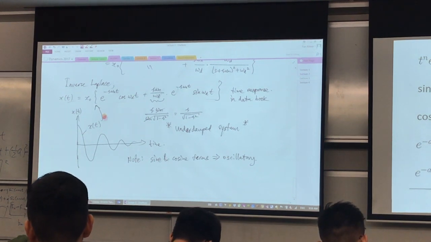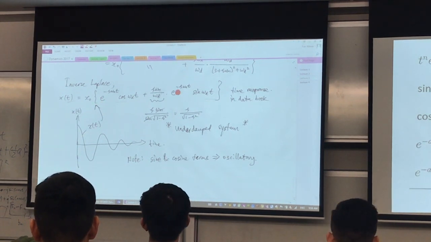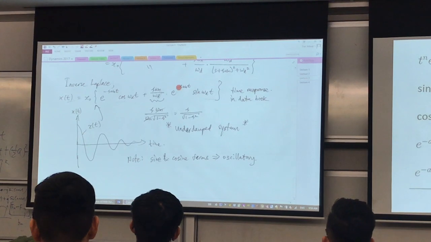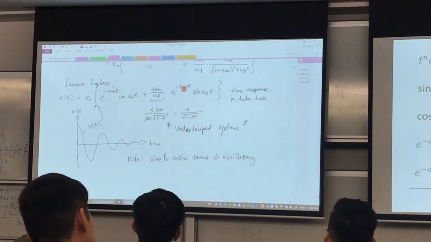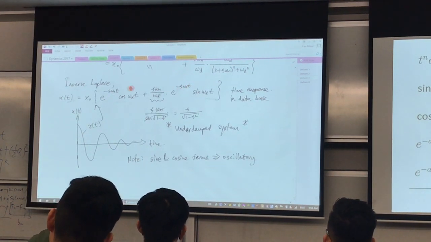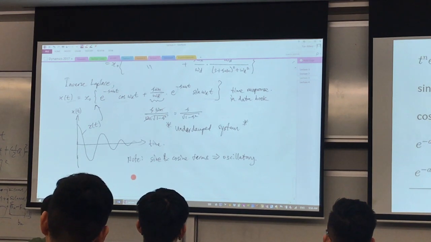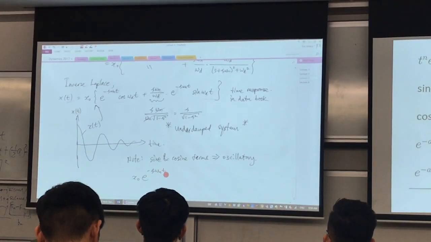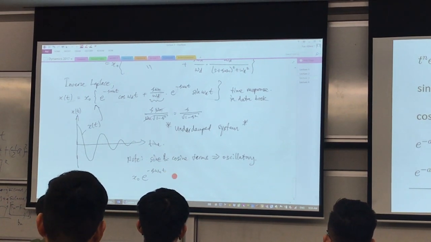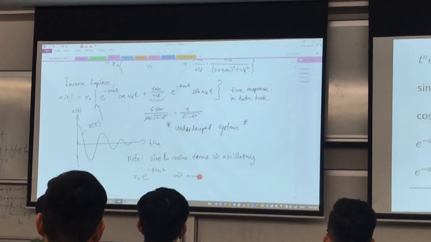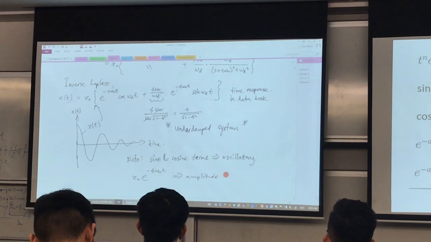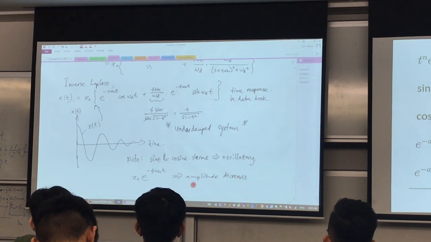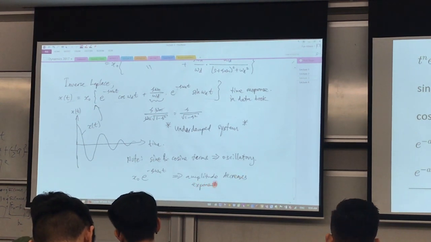The other insight, if I were to take this common factor, e to the power of minus zeta omega n t, right? This is a common factor. Put it outside, x naught e to the power of minus zeta omega n t. This term here is your amplitude, and it decreases exponentially.